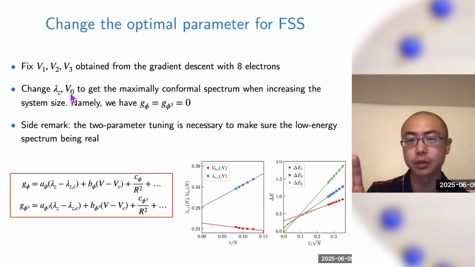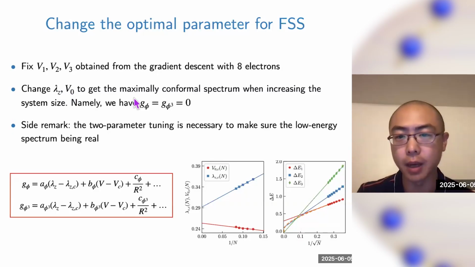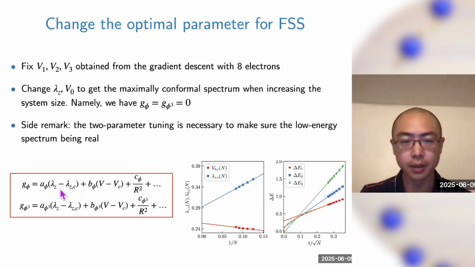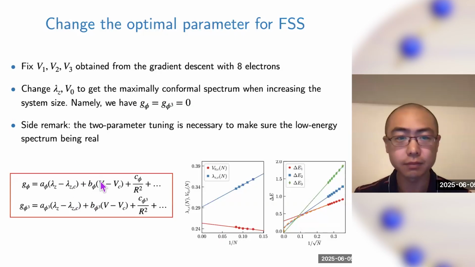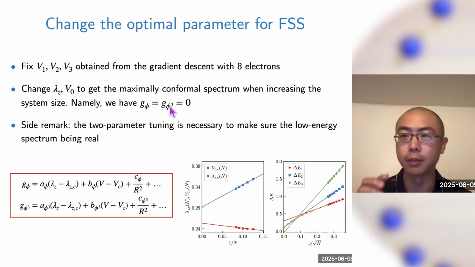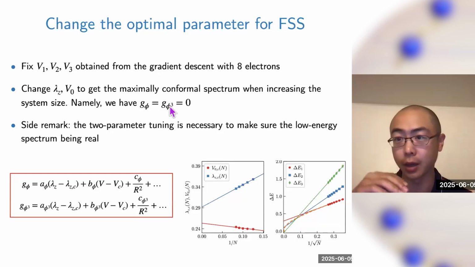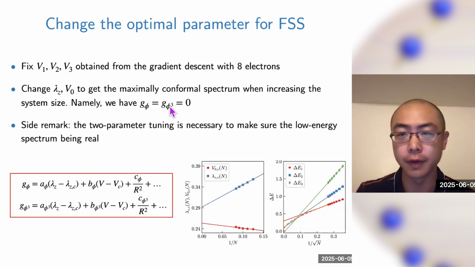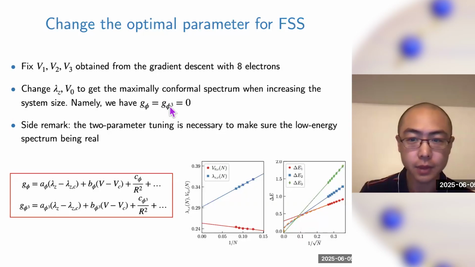We do this two parameter tuning to maximize the conformality of the energy spectrum. And if we work with this ansatz, that just means we have G phi and G phi cube both being tuned to zero, and of course we assume that the effect of higher irrelevant operators are not important here.